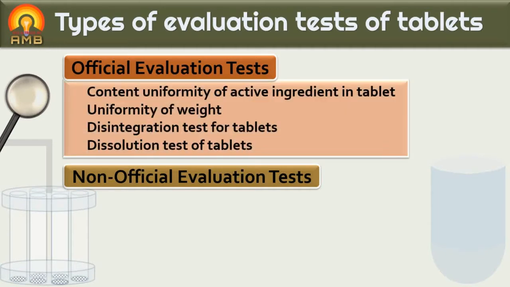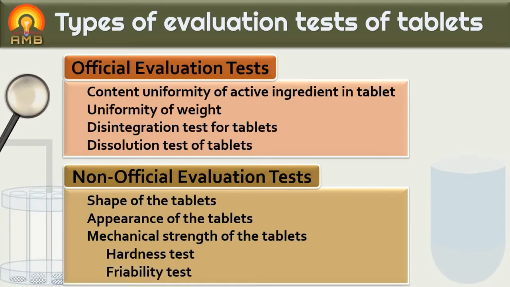Content uniformity of active ingredient in tablets, uniformity of weight, disintegration test for tablets, and dissolution test of tablets are official tests. Shape of tablets, appearance of the tablets, and mechanical strength of the tablets like hardness test and friability test are non-official tests. In this presentation, we are going to discuss some official evaluation tests of tablets like uniformity of weight and uniformity of content.